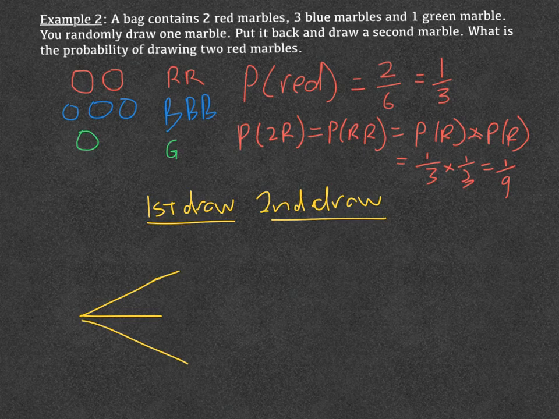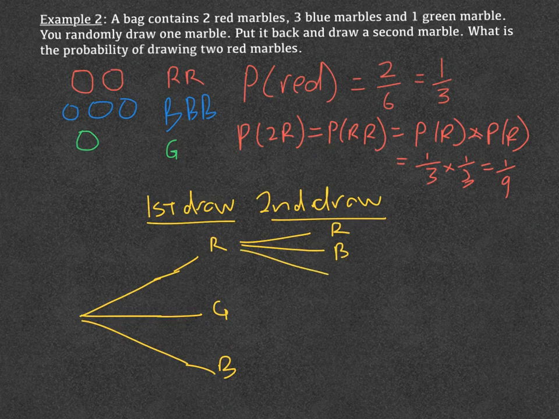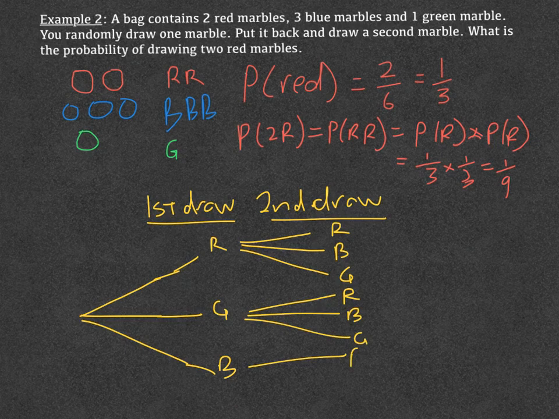We have the red, the green, and the blue. And then after you draw red, you can draw red again, you can draw blue again, you can draw green again, and then here you can have red again, blue, and then green, and then we have red, blue, and then green again.